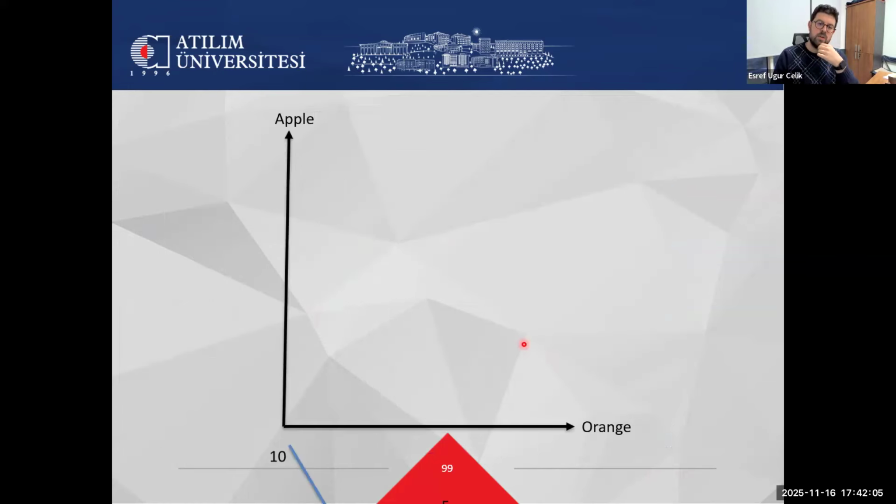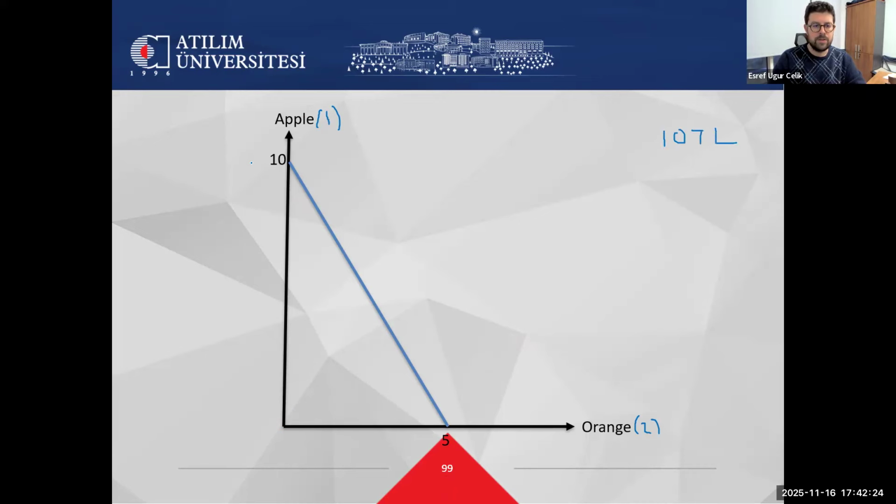How can we show it on the graph? We use the budget line. For getting that number, apple is, let's remind, 1 Turkish lira, orange is 2 Turkish lira, and our income is 10 Turkish lira. For finding the maximum apple number, we divide 10 by 1. For finding 5, we divide income 10 by the price of orange, 2.